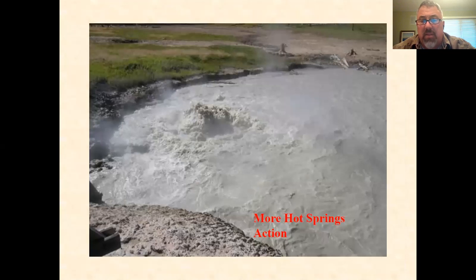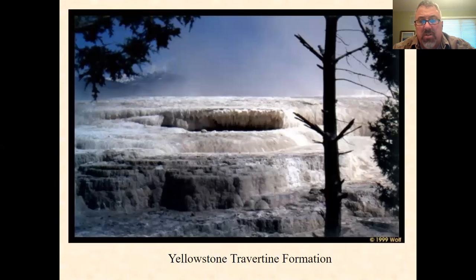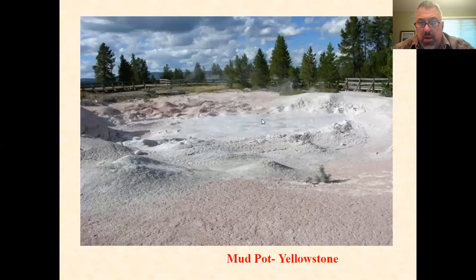And again, it's giving off that evaporation as it comes to the surface. Here's some travertine. Again, this is all white and it's a mineral deposit. Basically, the water has evaporated and left behind this calcite, and this calcite then forms these gorgeous travertine formations. Here is a mud pot in Yellowstone, and basically it's thick, rich, like real thick mashed potatoes, and it's bubbling.